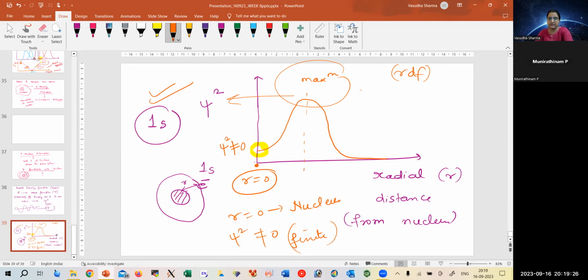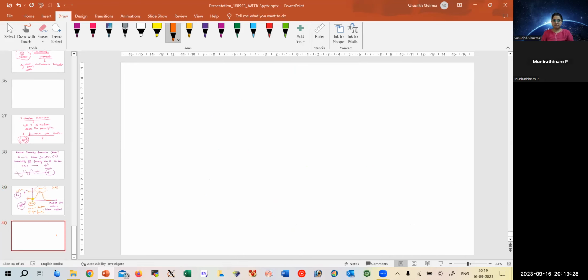Now, if we see some other orbitals, say for example, if I take 2p. Now I'll consider the 2s and 2p. So 2p would be R. Now 2s would be like this way, having one node.